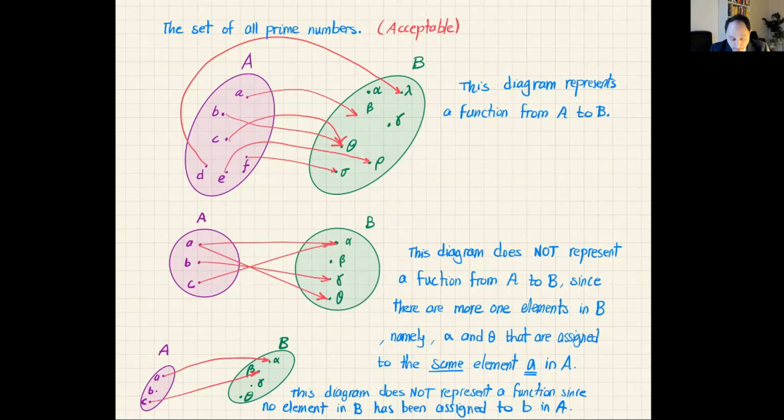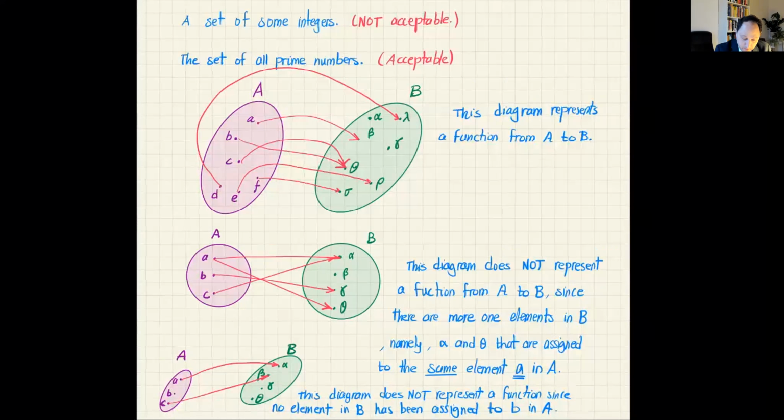Let me also talk a little bit about these terminologies before leaving this session. This set here, the whole set A, is called the domain. The set B is called the codomain. But the set of all items that have an arrow onto them gives you the range.